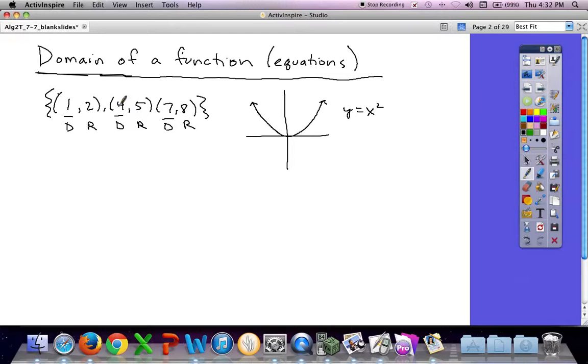And if you remember, when we have a function, something like f of x equals 2x plus 1, we always think of the x as the independent variable.